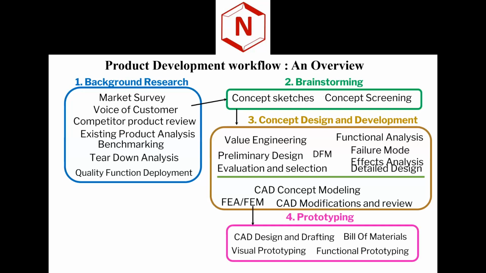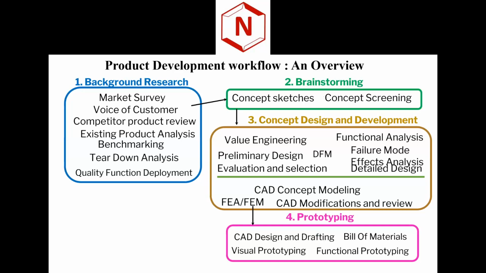and we will develop the first prototype. Once the CAD modeling is developed, we develop the drafting for it, which will go for prototyping. We will list out all the bill of materials, and there are two types of prototyping. One is visual prototyping and another is functional prototyping.